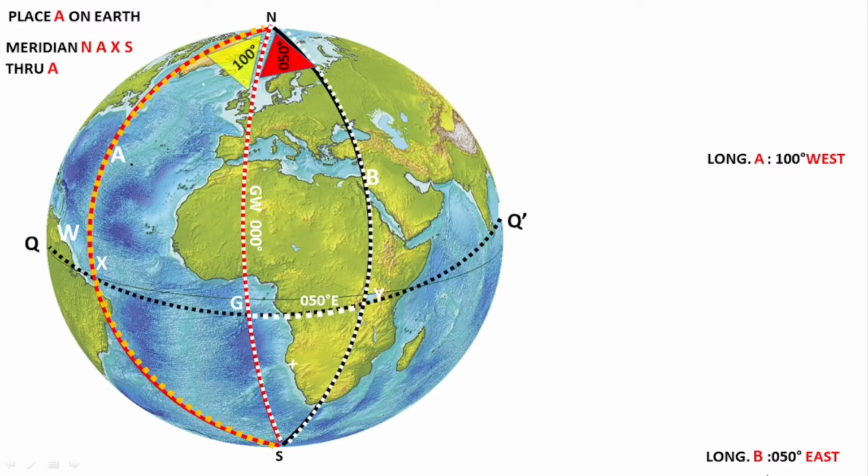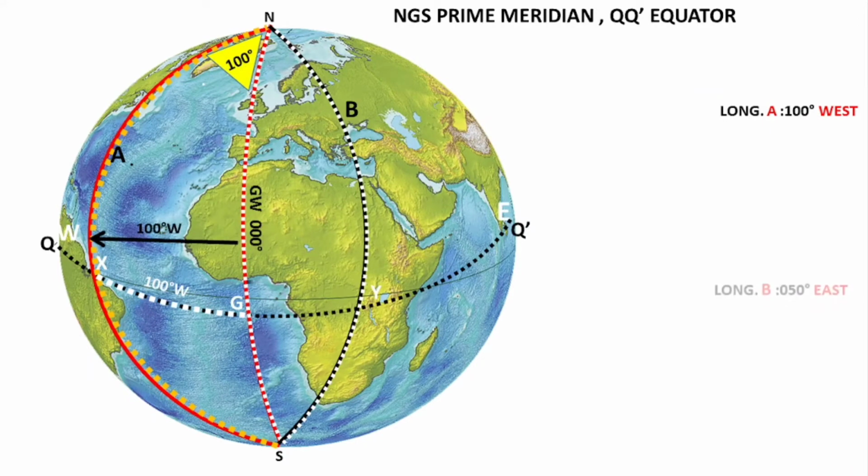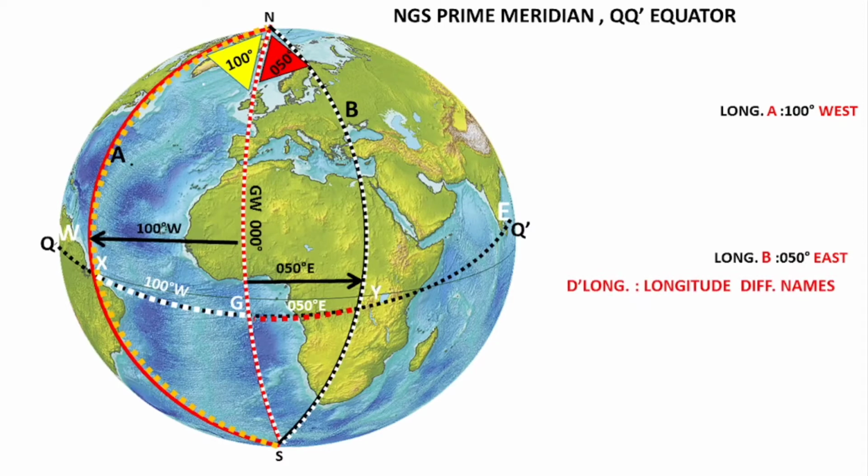The names of both the longitudes are different. One is on the east, one is on the west. So when you have to find out the D.LONG between both of them, you can notice it yourself that you will be crossing the Greenwich meridian, so it must be added.